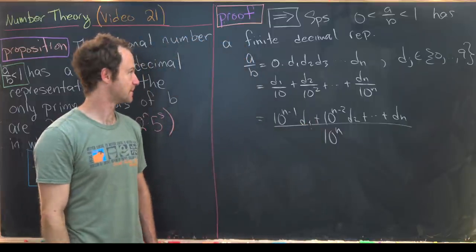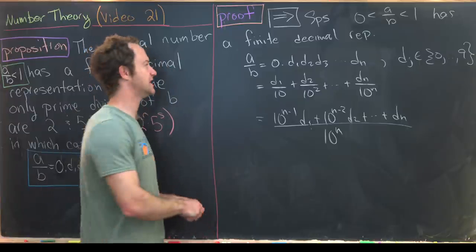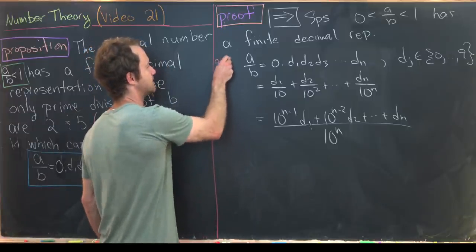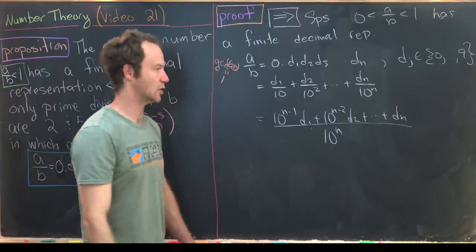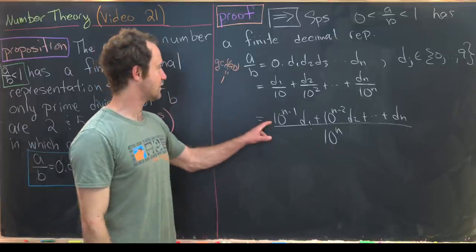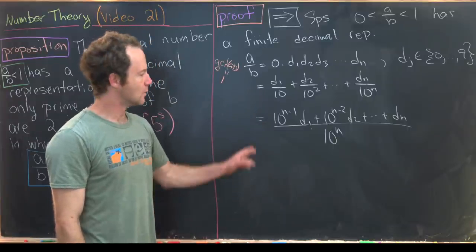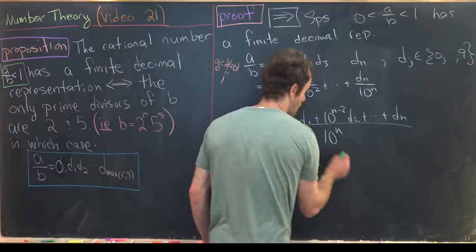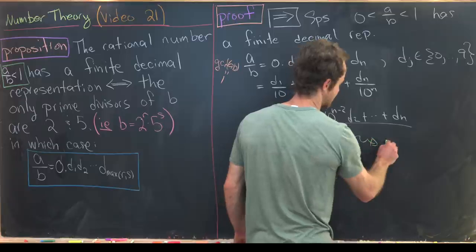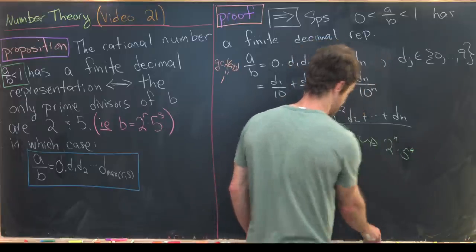Okay, nice. But now we started with a over b. Under the hood here is that the GCD of a and b is 1, so this is in lowest terms. And we ended with a new fraction which represents a over b. Well, notice this denominator of our new fraction only has prime factors of 2 and 5.